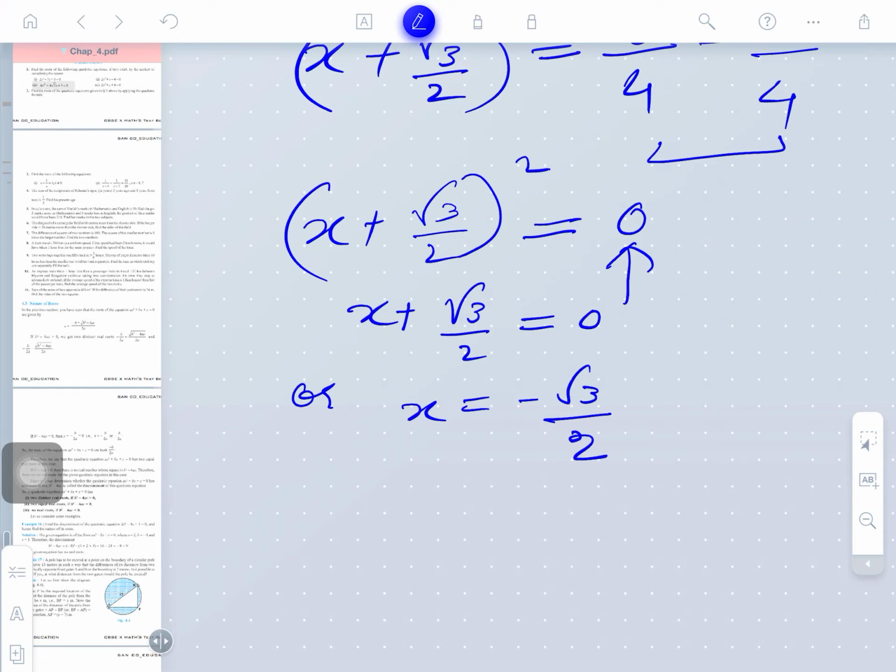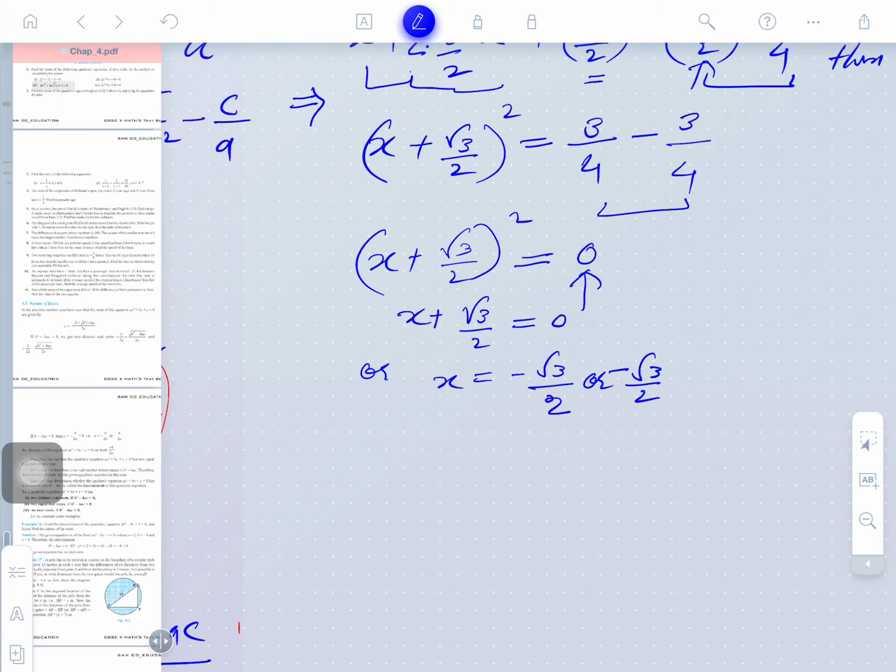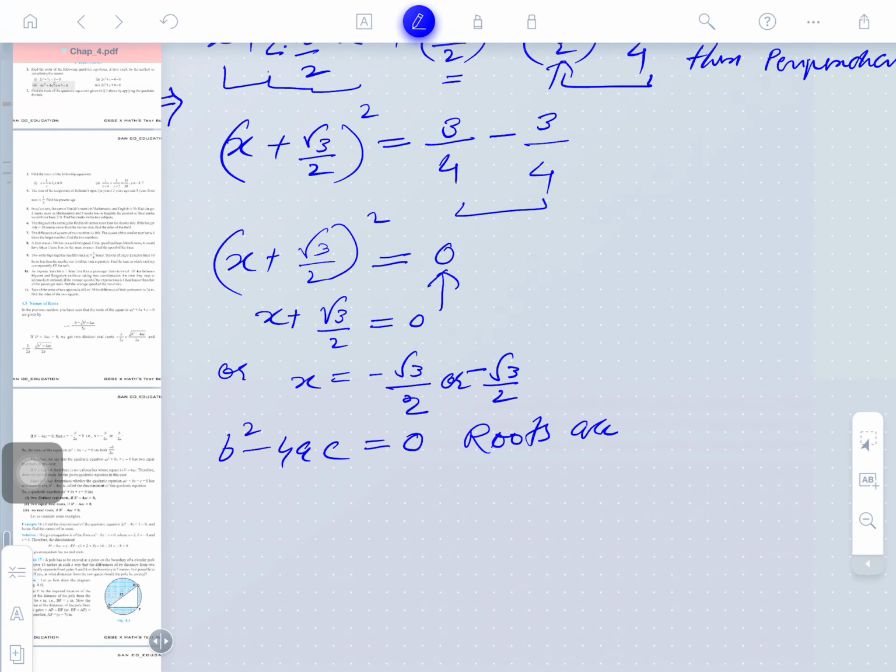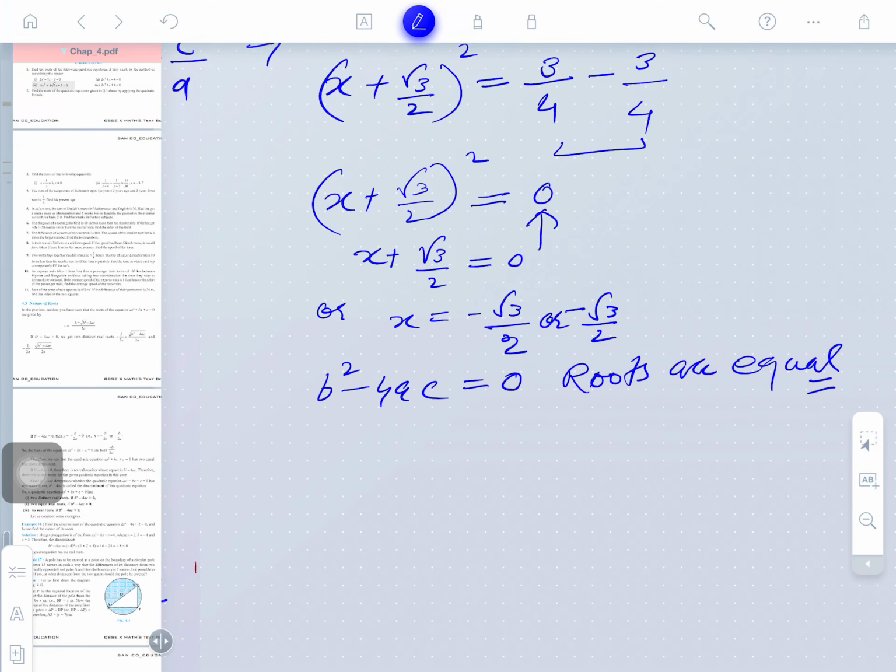Where does the other value go? It does not go anywhere. Actually, the solutions are the same, meaning both the zeros are the same. It means that if the quantity b² - 4ac is equal to 0, then we can say the roots are equal. Is that clear? So this is the predictor.